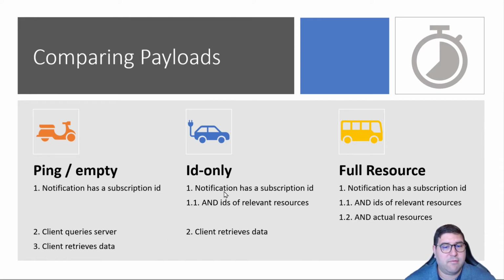In the ID only, the notification has the subscription ID, but it also has the IDs of all the relevant resources, and so the client can just retrieve data. And then in the full resource, everything's already there, and the client doesn't have to come back to the server at all. So the flexibility is there.